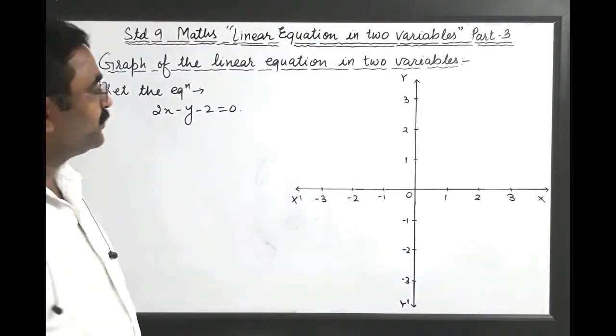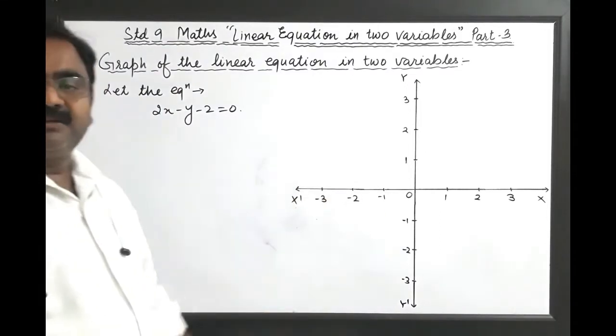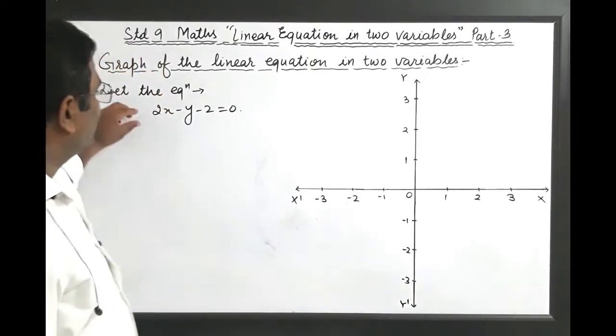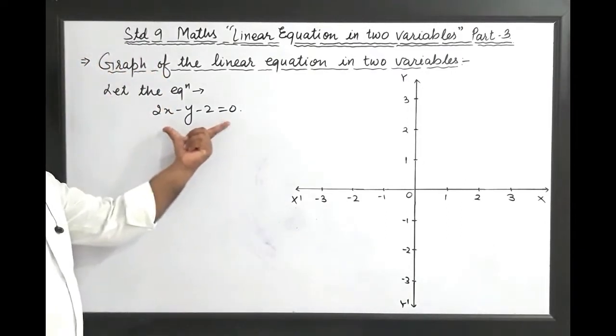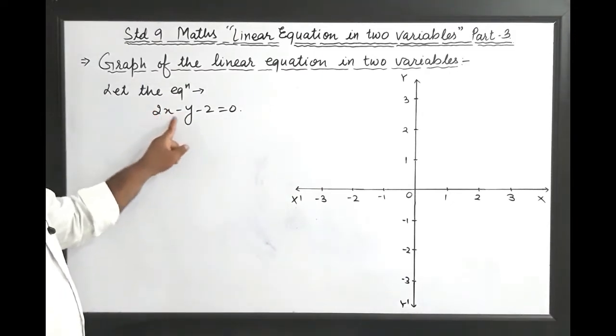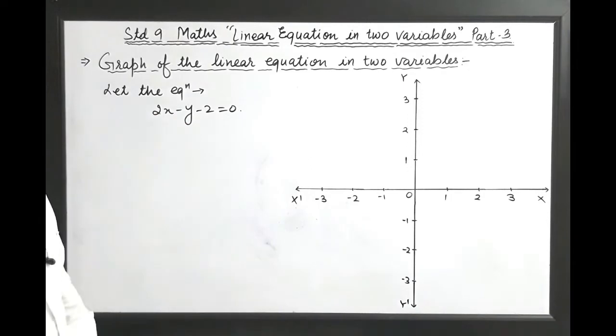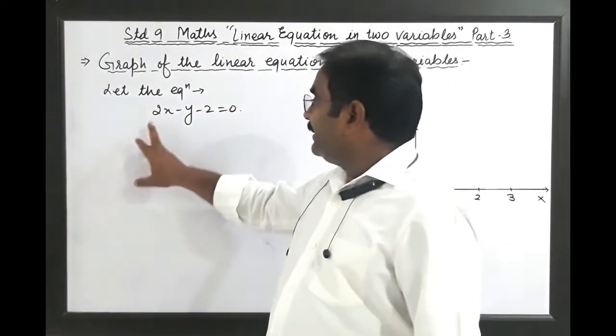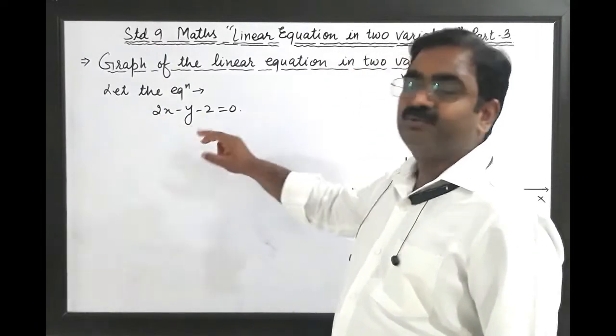Right, bachcho? So to understand the graphical method of this equation, we have supposed a linear equation in two variables. So let the equation be 2x minus y minus 2 equals to 0. This is our equation. हमारा equation क्या है? 2x minus y minus 2 equals to 0.